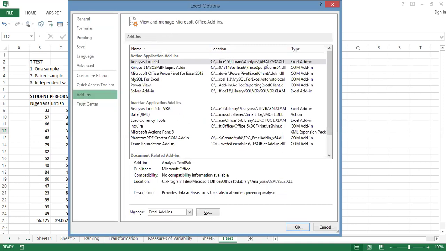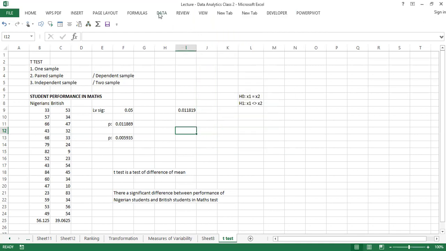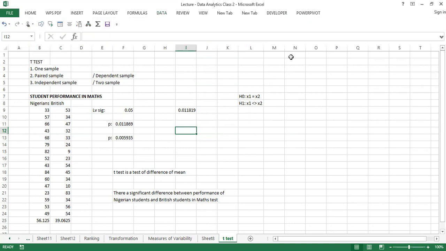You see the analysis tool pack. Select that, that's an Excel add-in. Make sure Excel add-in is selected here. Click go, and then just tick it here. Tick it, and then click on OK. When you do that, it will appear in the data ribbon. So you can use it for our t-test.